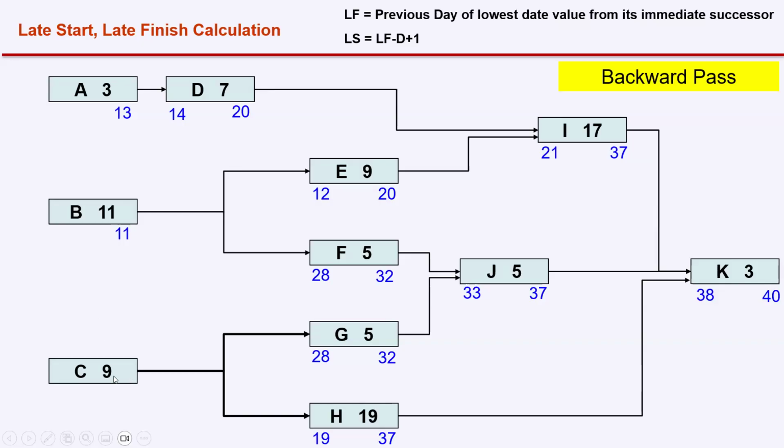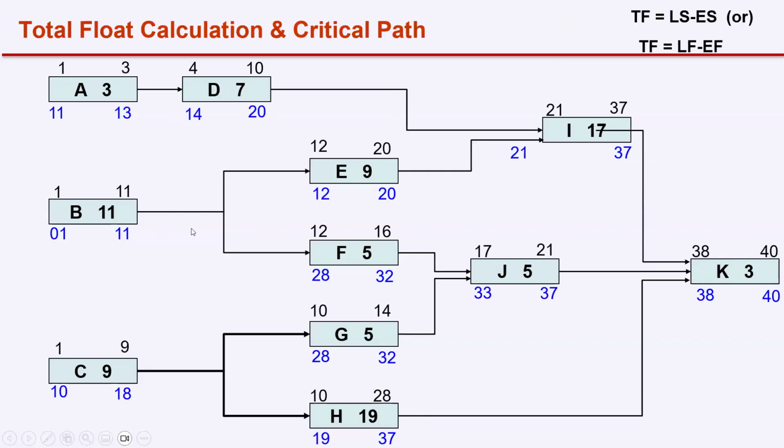Now type in the chat box, what will be the late finish of activity C? The late finish of activity C will be, so the lowest is 19, the previous day is 18. And this is the same formula, late finish minus duration plus 1, we are calculating the late start of the activities. So now we know the early start and early finish as well as late start and late finish of all the activities.